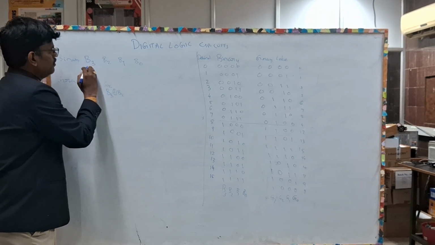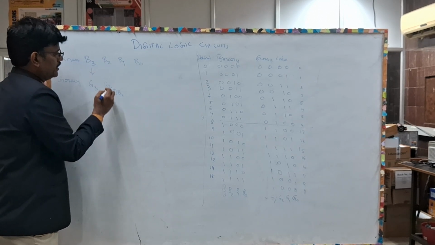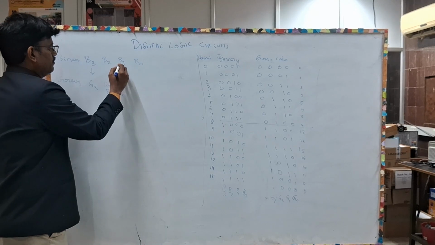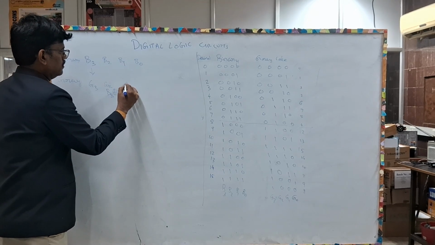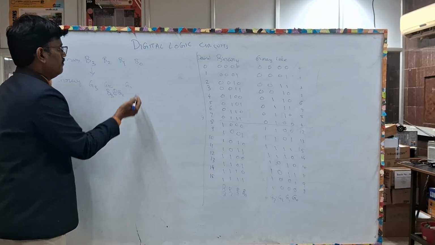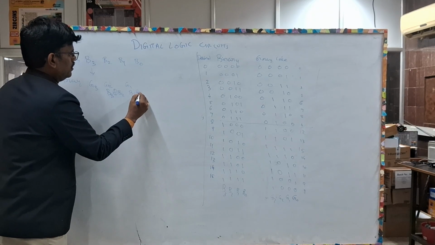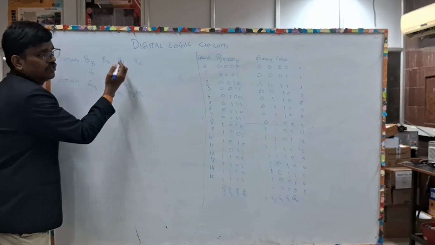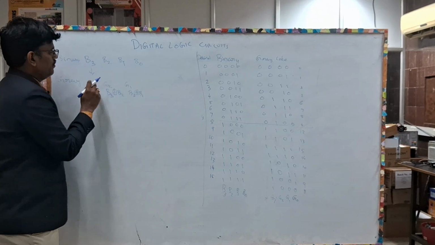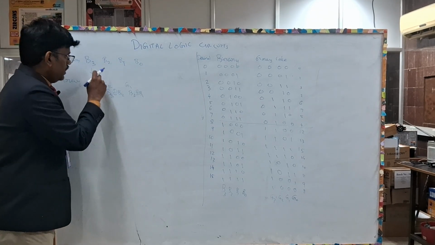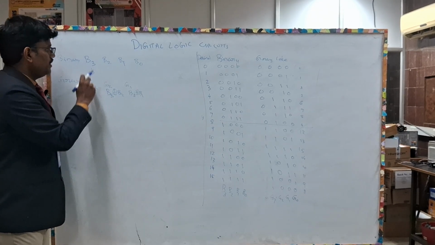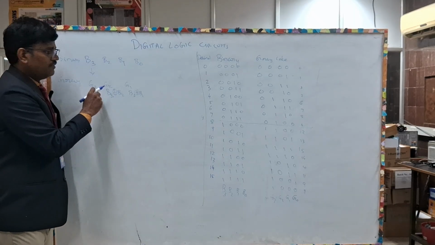Similarly, G1 is going to be B2 XOR B1. So the gray code for the most significant bit is just dropped as such from binary.